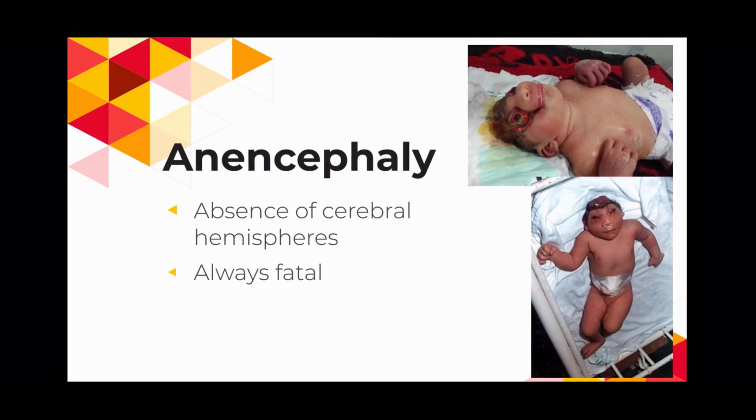So if we put those together, anencephaly means a baby is born with an absence of the cerebral hemispheres, meaning they're born without most of their brain. This is always fatal. If you remember that cerebral hemispheres are the largest part of the brain, we literally can't function without that. So this is always fatal in newborns.